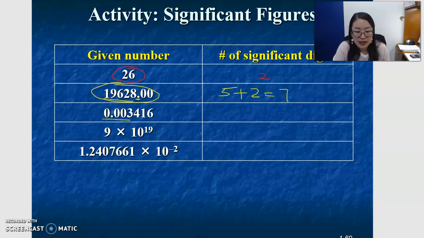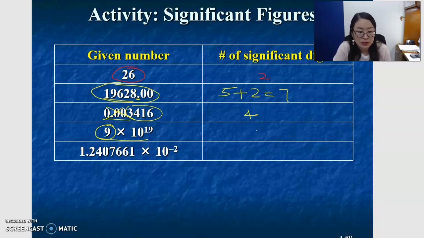This number, we have leading zero. Leading zero never counts. It doesn't matter whether you have a decimal point or not. So I only have 4 non-zero digits, which is 4 sig figs. This one is scientific notation. When we look at the sig figs of the scientific notation, we only need to focus on the C part, the coefficient part.